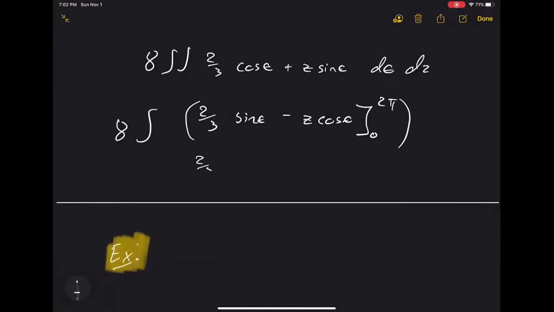So that's 2/3 times 0 minus z times -1, minus 2/3 times 0 minus z.